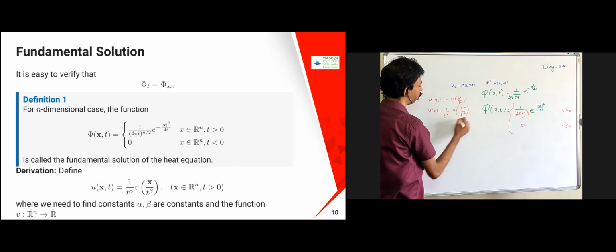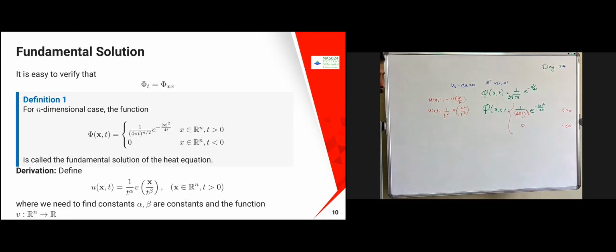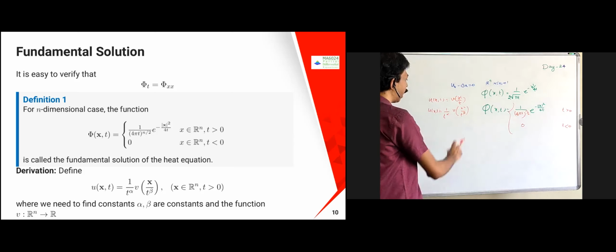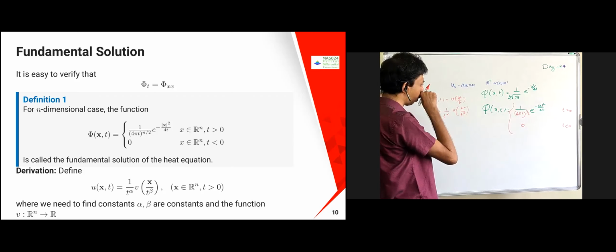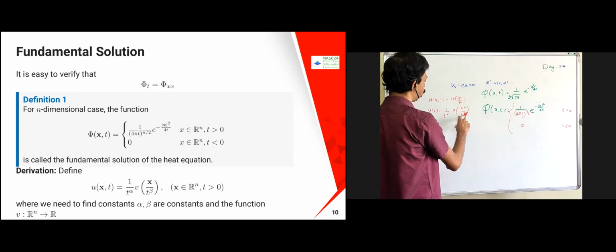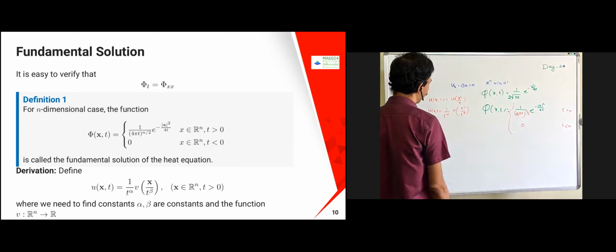I will do one more substitution and then derive. I have to find this alpha and beta. This beta we already know, because in one of the theorems we have proved, if this is satisfied, then beta is equal to 1 by 2. This alpha I have to choose cleverly.